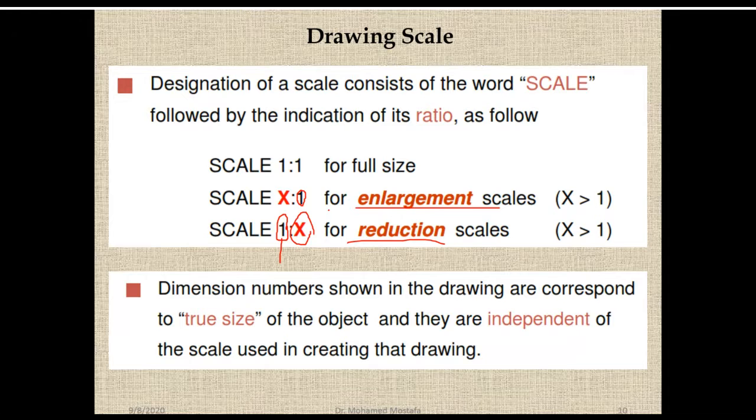If you are using scale x to 1, this means you are enlarging the dimension, which was originally 1, making it double or triple based on the value of x. The third one is 1 to x, which is if you are trying to make a reduction, you scale the size of something down.